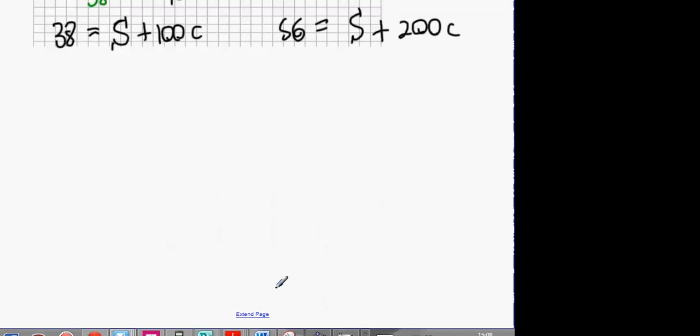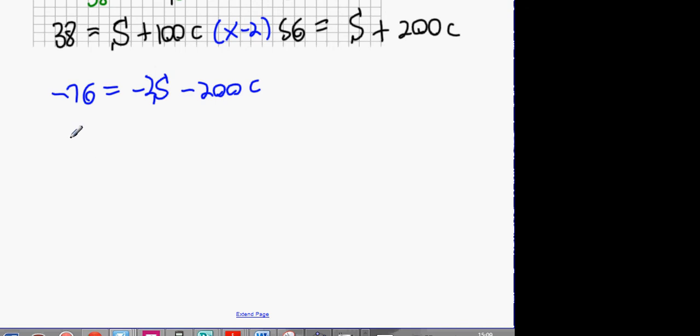Now look at this, guys. What type of equation do we have here? We have a simultaneous equation. What do we need to do with the top one? We want to find out what S is, don't we? So we can multiply this by minus 2. We're going to get minus 76 equals minus 2S minus 200C.